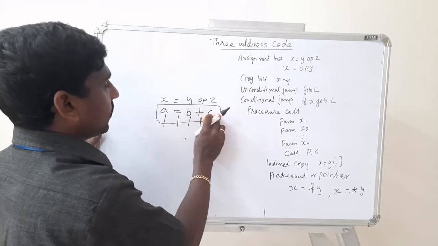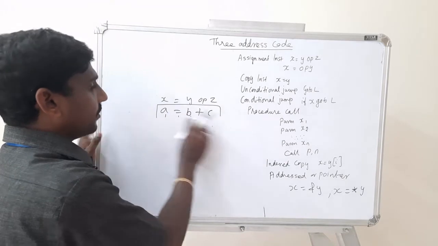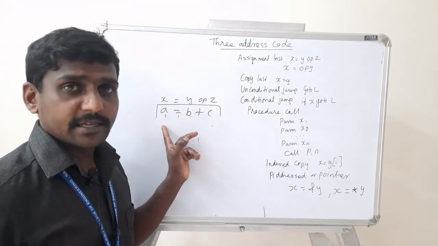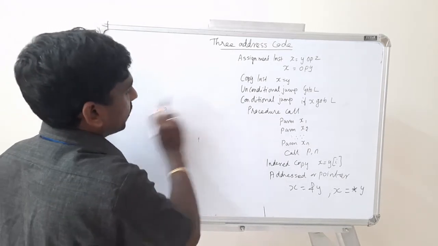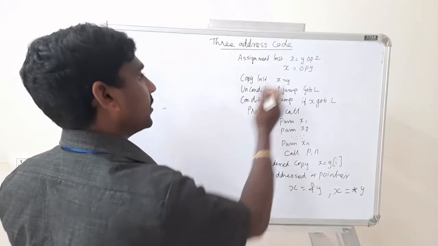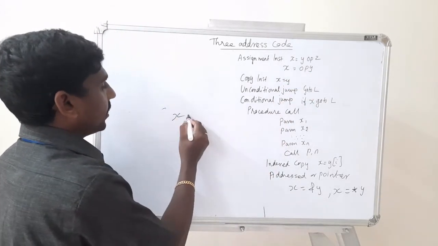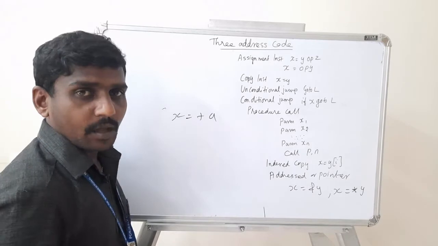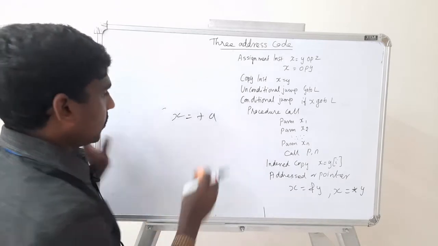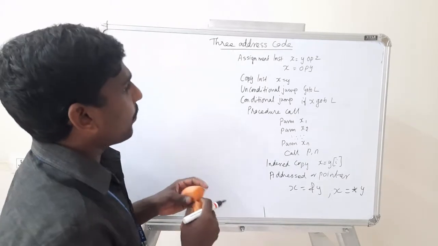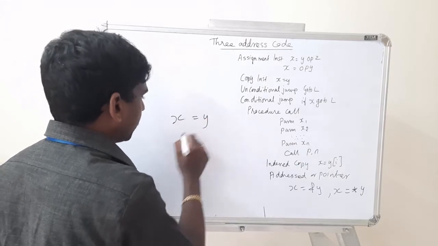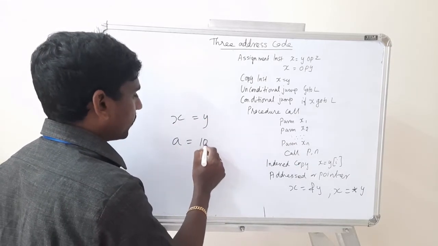This is assignment. B and C is added and is assigned to A. That is the thing. Another instruction is the unary instruction, x equal to plus A or minus A. And the copy instruction, x equal to y, that is a equal to 10, a number also.